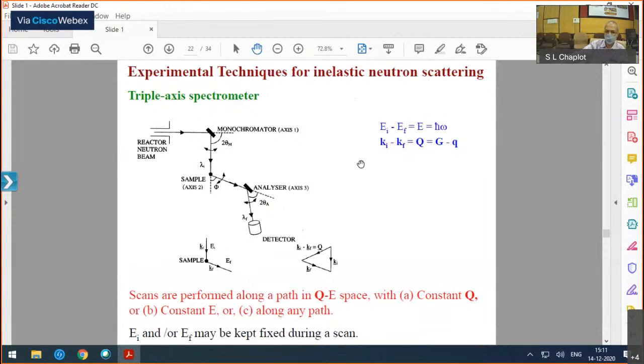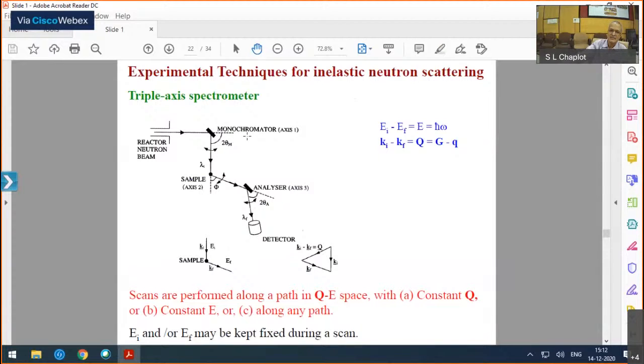And that mismatch is really very important and essential to get a good neutron intensity, because otherwise your intensity would be extremely poor if you try to have an extremely tight resolution. So we really purposely have to spoil the resolution to a certain extent so that we get a good neutron intensity from the monochromator and also from the analyzer. So these are the typical numbers.